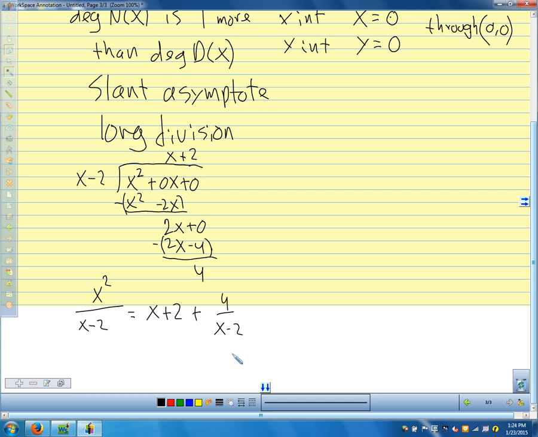So as x gets really big, this becomes less and less important, and all that's left is x plus 2. So our slant asymptote is what is left up here on top when I do long division. The line y equals x plus 2 is a slant asymptote.